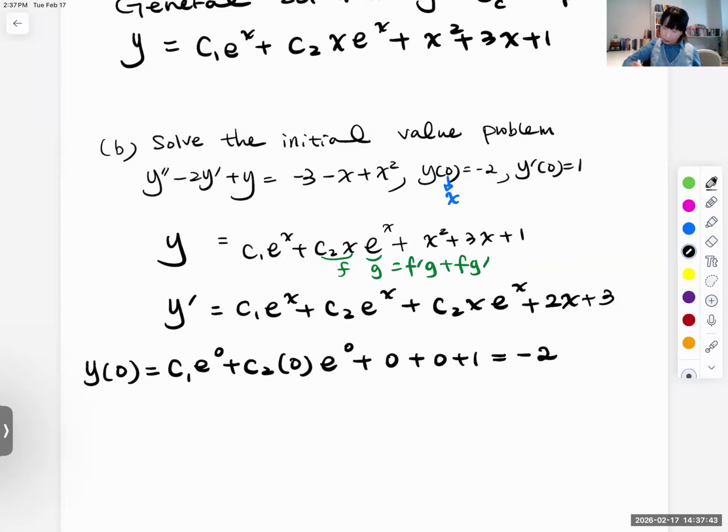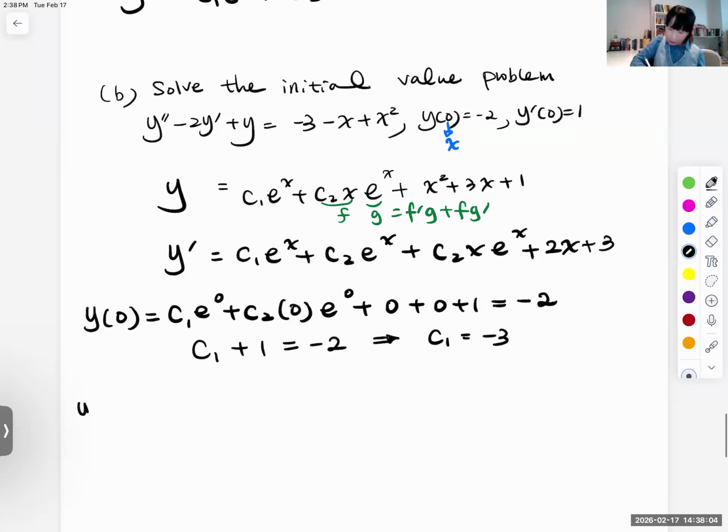Okay, so there will be c sub 1 plus, this is 0, and we have 1, right? So c sub 1 plus 1 equal to -2. So c sub 1 will be then -3, yeah?